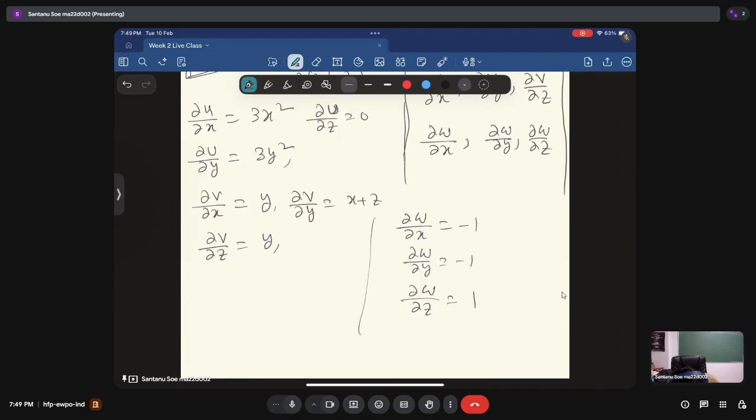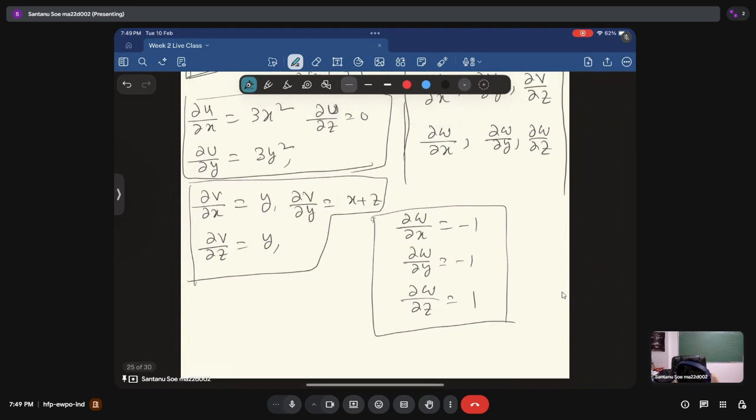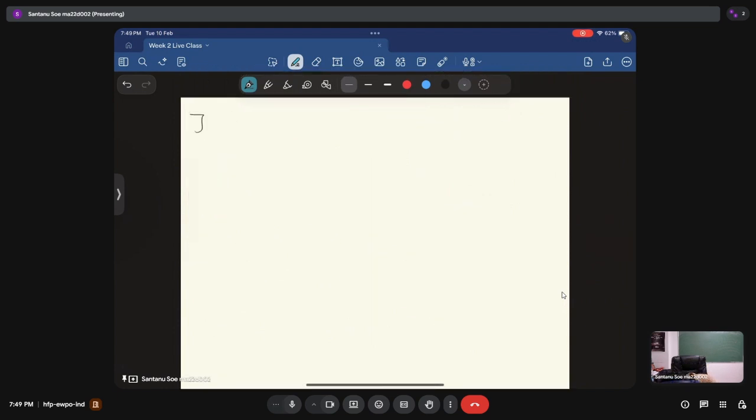So now we're going to compute the Jacobian. J equals del(u,v,w) divided by del(x,y,z). So this is 3x squared, 3y squared, 0; y, x plus z, y; and -1, -1, 1.